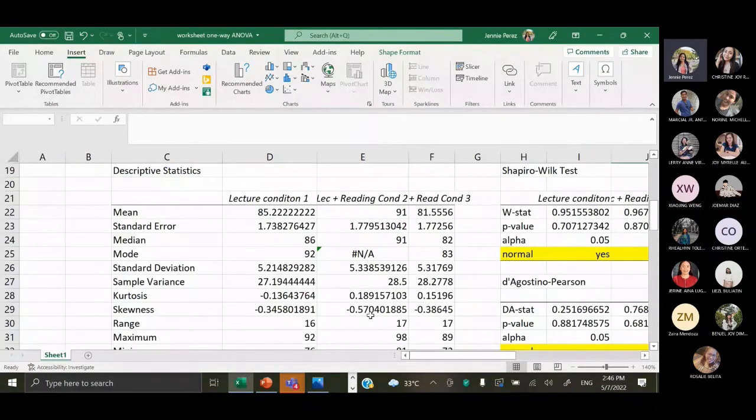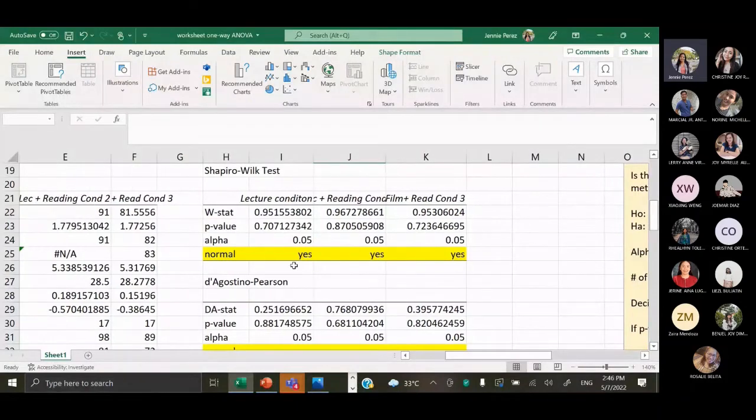Ito yung lumabas. And we will look at here, the Shapiro-Wilk says that in all these three conditions, the lecture condition, the lecture plus reading, the film plus reading, they are all normal. Shapiro-Wilk says, yes, yes, yes.